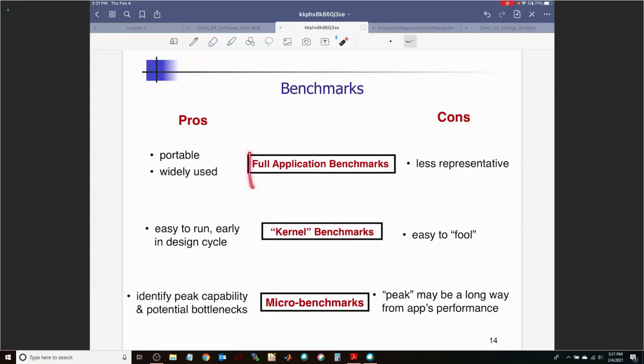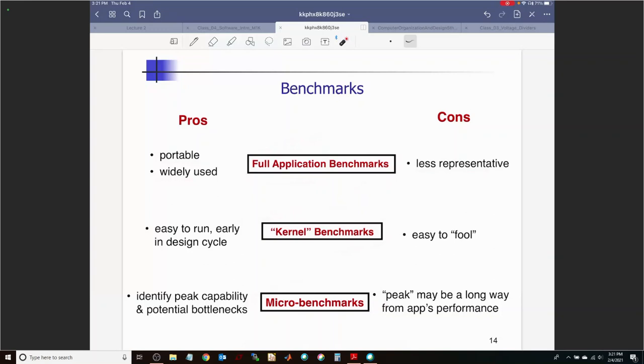Now the pros and cons of each set of benchmarks. For full applications, the pros are that they are portable and widely used. Sometimes people say, all right, how is this particular program or application performing? The con is that it is less representative of what is underneath because it's running way at the topmost layer.